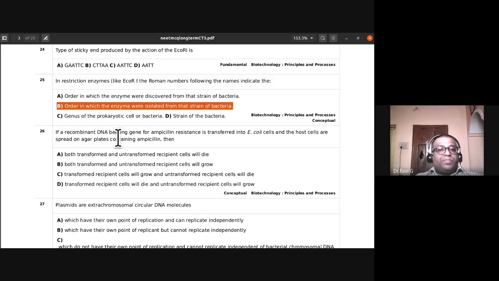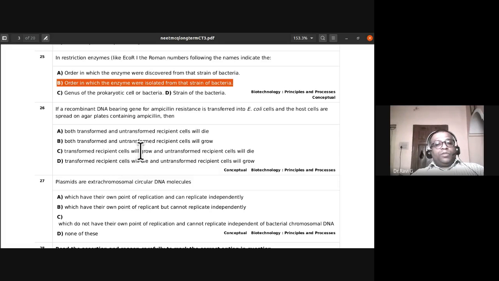So if a recombinant DNA bearing the gene for ampicillin resistance is transferred into E. coli cells and the host cells are spread on agar plates containing ampicillin, what is going to happen? Both transformed and untransformed recipient cells will die. Both will grow.